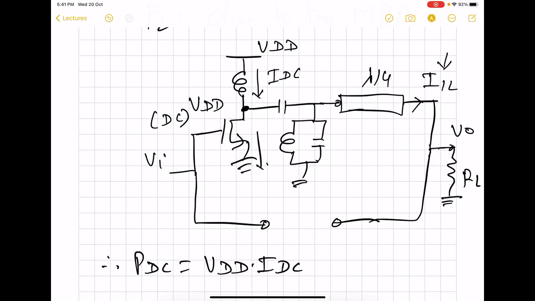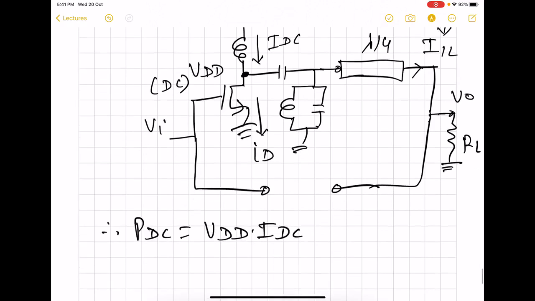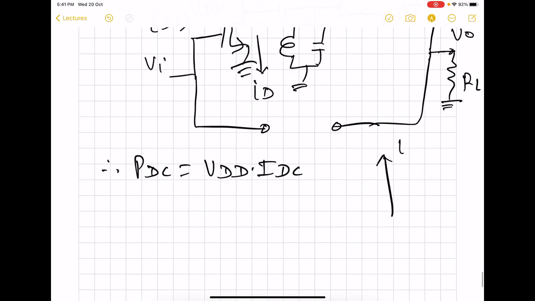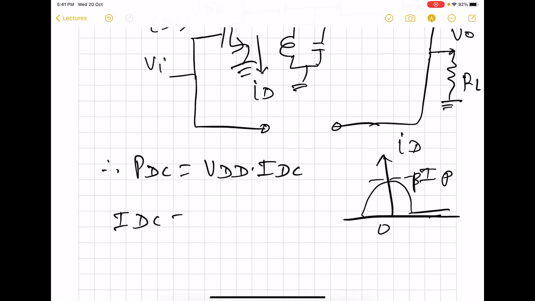And this drain current is half wave rectified like this with peak IP, or rather beta IP, because this will vary with the input. So the IDC part is going to be beta IP, the peak of the half wave, divided by pi.